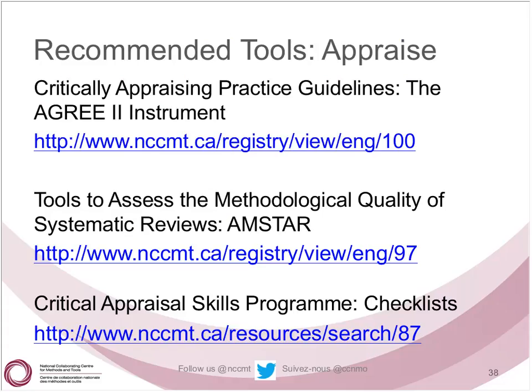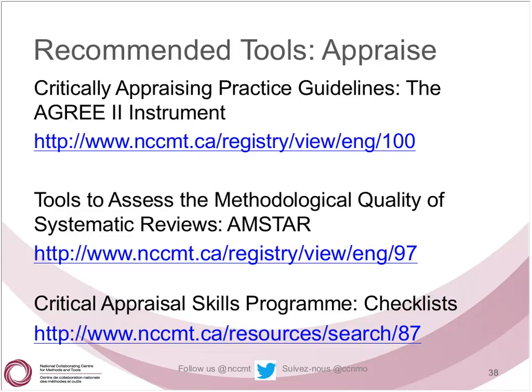There are lots of tools out there related to critically appraising research evidence. What I've got here is tools for different kinds of evidence. If you're appraising a practice guideline, there are certain ways of doing that, and the AGREE II instrument is one that's really set up to appraise the quality of practice guidelines.